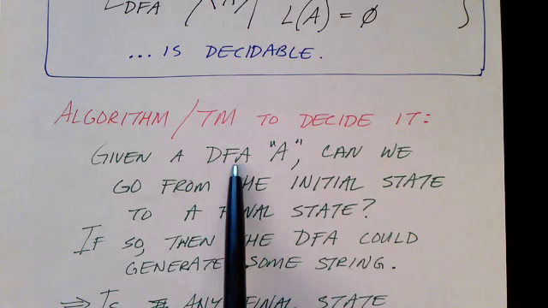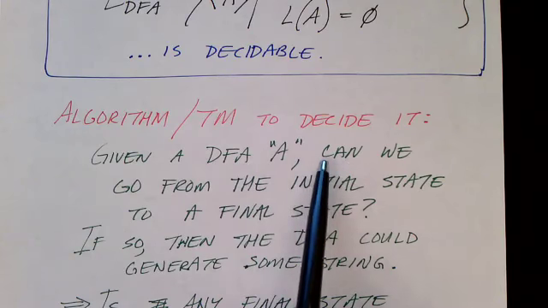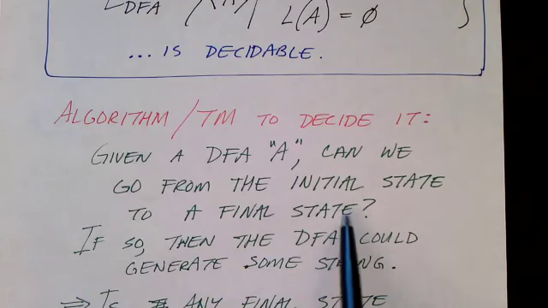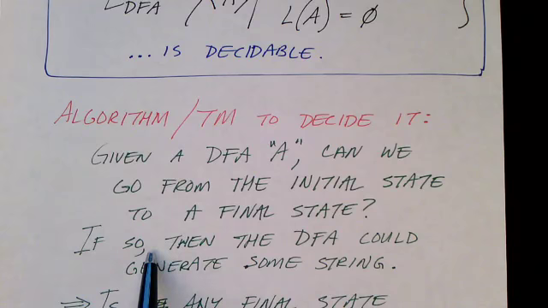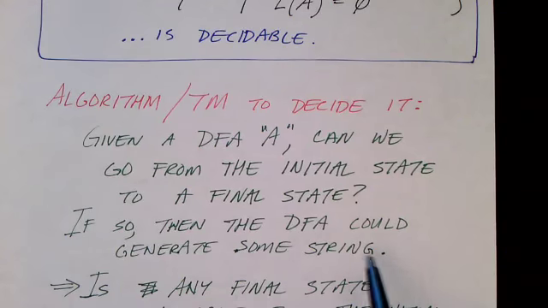Given a deterministic finite state automaton, we ask one simple question. Can we go from the initial state to any final state following transitions in the machine? If we can reach a final state from the initial state, then that deterministic machine could generate some string. If there is a path from the initial state to a final state, then those transitions are labeled with symbols from our alphabet, and they describe some string that this machine will accept.